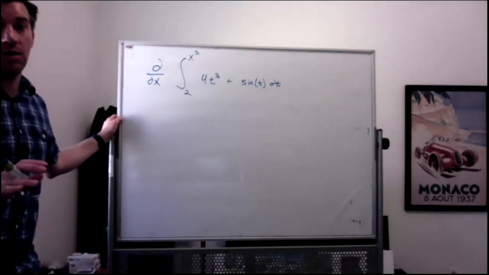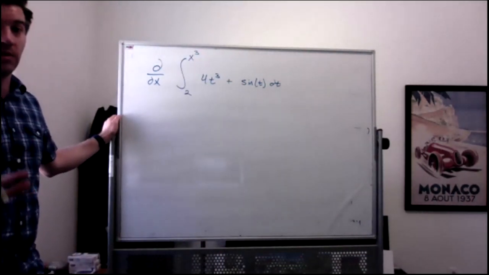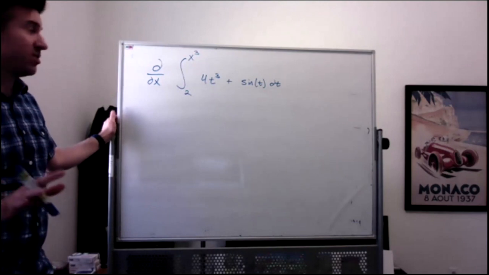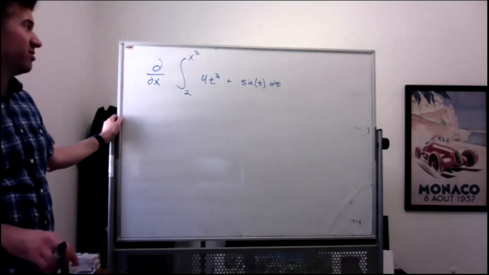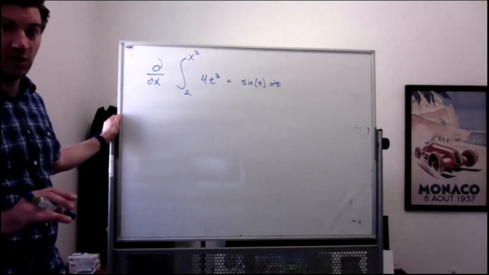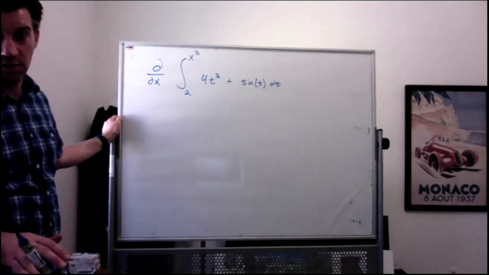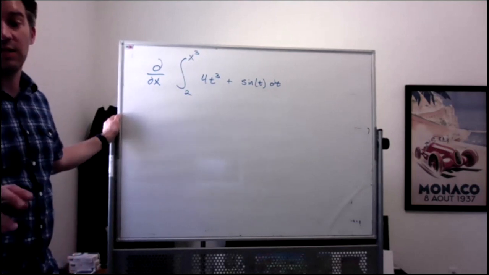Okay, so here, this problem is going to be a little bit different. The answer is not just going to be 4x cubed plus sine of x. It's also not just going to be 4x cubed plus sine of x cubed. This is still the FTC part 1.